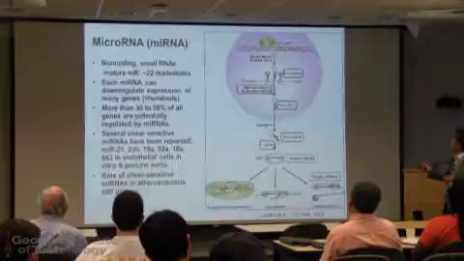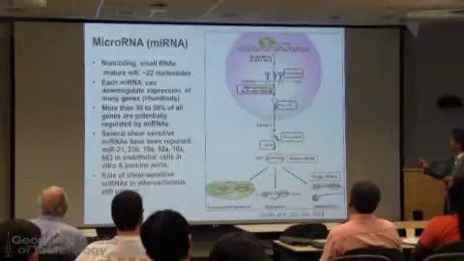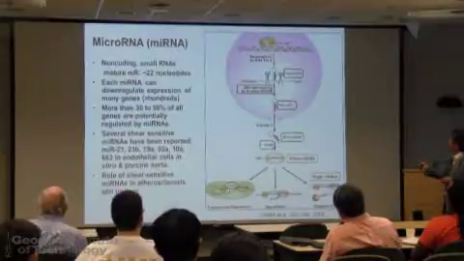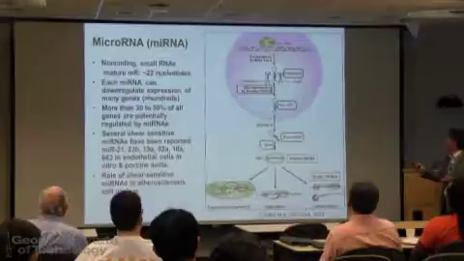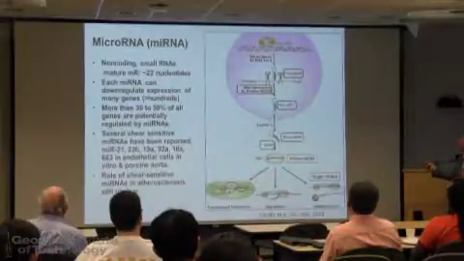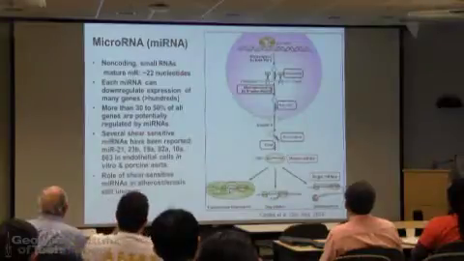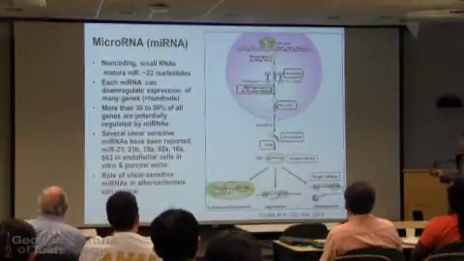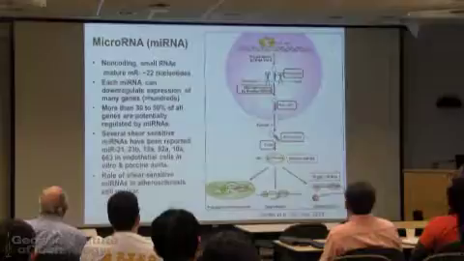It is made in the nucleus like any other genes, through transcription, and this is initially made into pri-microRNA. It's a longer sequence, and this pri-microRNA is then processed by enzyme called DROSHA and DGCR8 complex, and this is then made into a pre-miR.